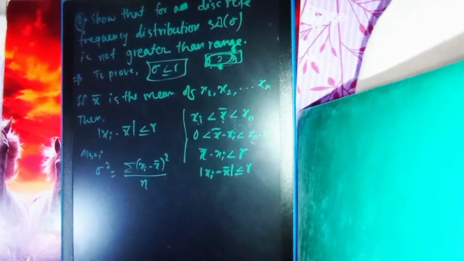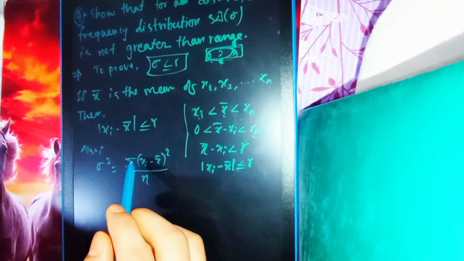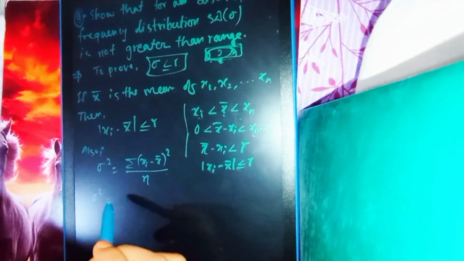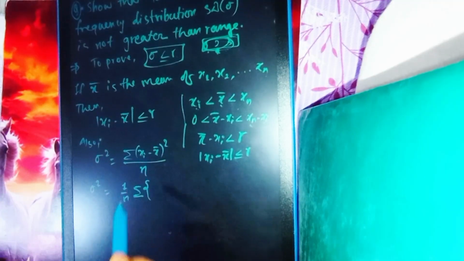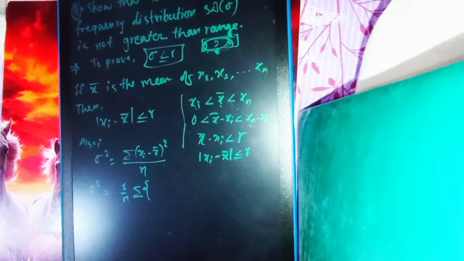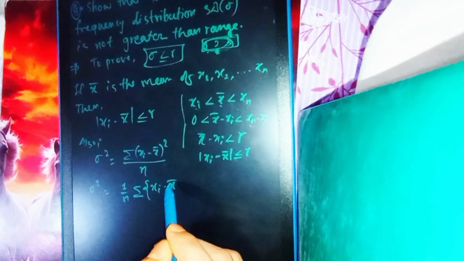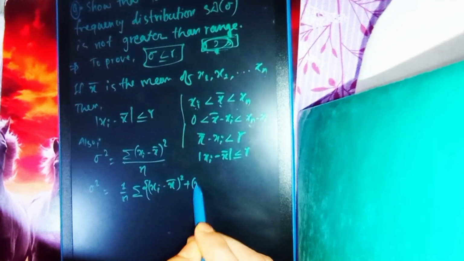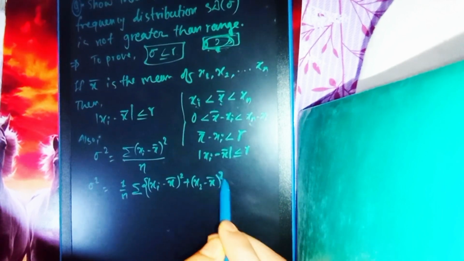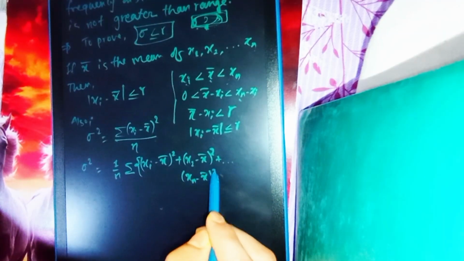So sigma square will be equal to 1 by n times the summation. We write it for every value: (x1 minus x bar) square, plus (x2 minus x bar) square, plus ..., and (xn minus x bar) square.